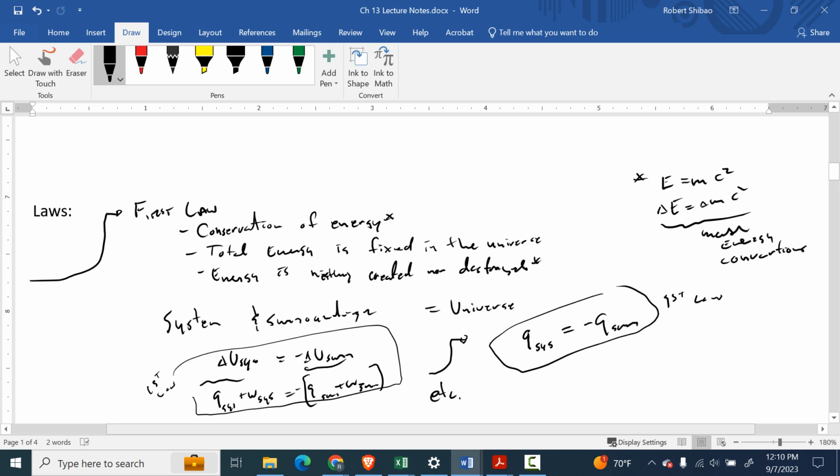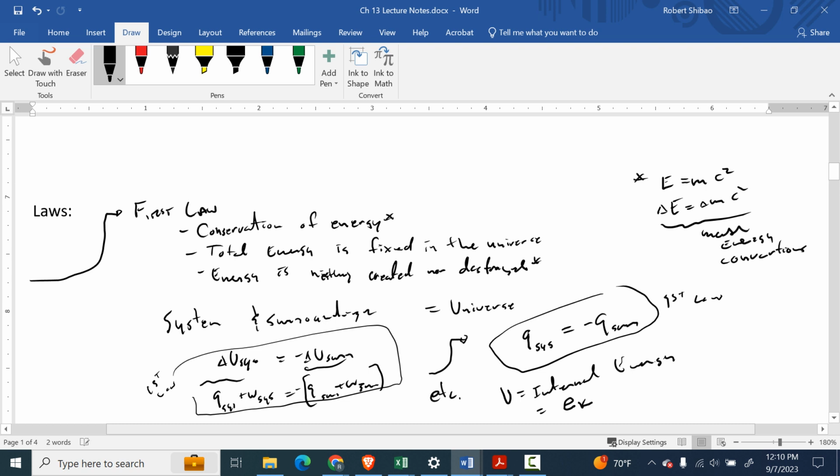Okay, so just to be sure, Q is heat, W is work, and U is internal energy. Internal energy is equal to E sub k.